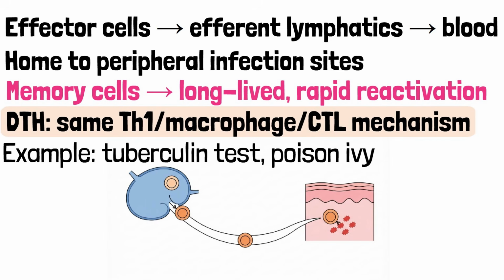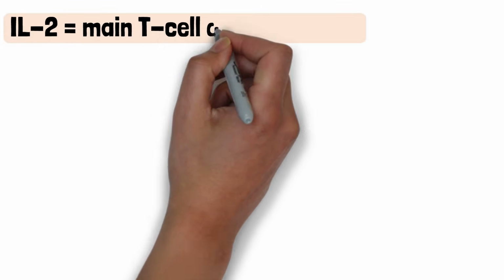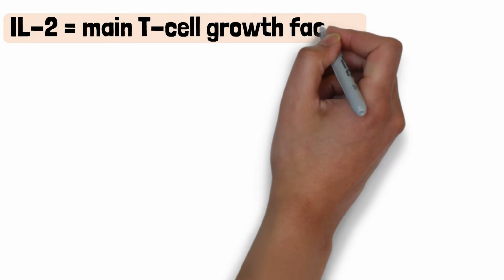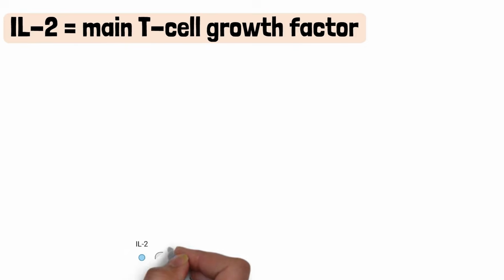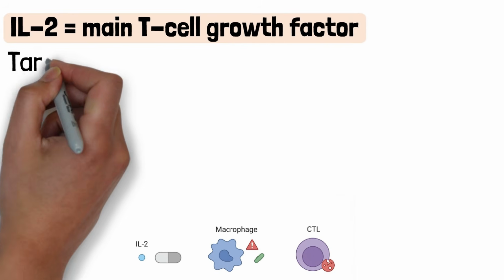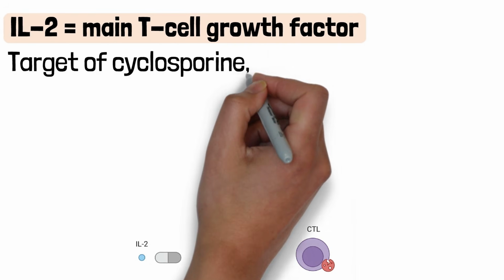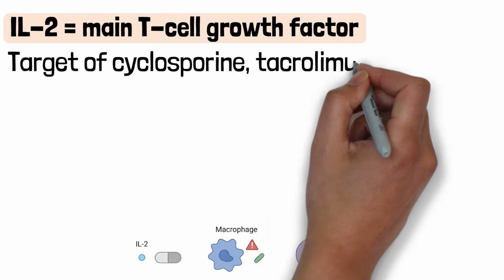Now, let's pull everything together with the highest yield facts from this entire topic. Let's close this out with the facts most likely to be tested directly. First, IL-2 is the main T-cell growth factor, and it's the actual drug target of immunosuppressants like cyclosporine and tacrolimus, while high-dose IL-2 itself is used in cancer immunotherapy.